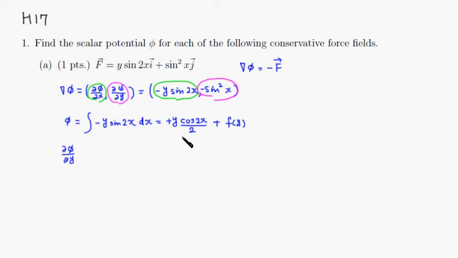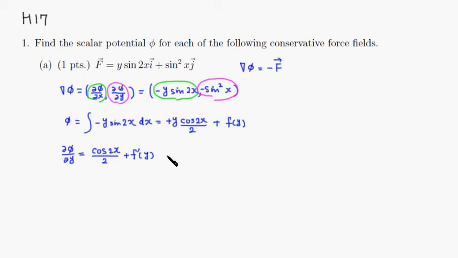The partial derivative of this with respect to y would be cosine 2x over 2, and then plus f prime of y.